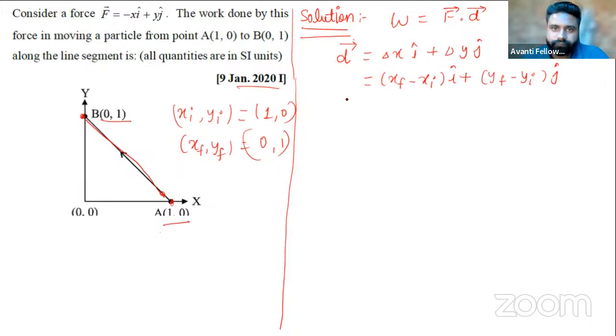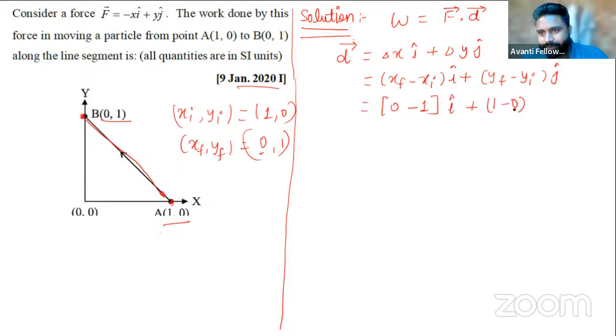Now, what is the final coordinate of x? It is 0. So 0 minus the initial coordinate, which is 1. So 0 minus 1 i cap, plus similarly y final is 1 minus 0, the value of y initial.